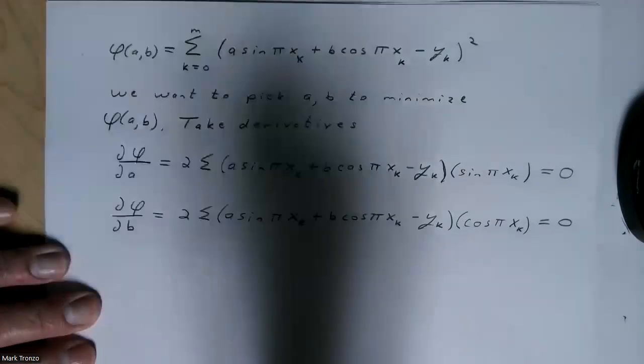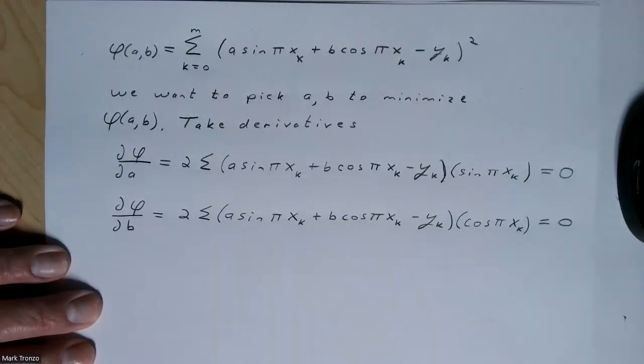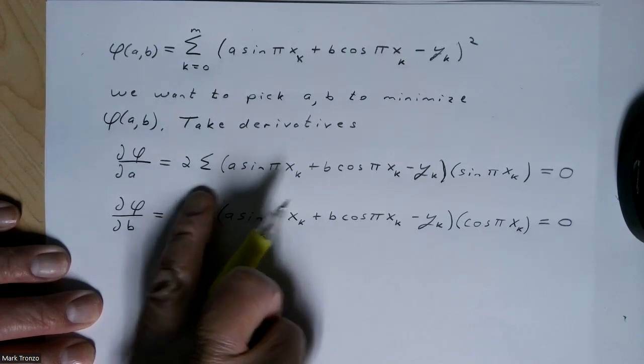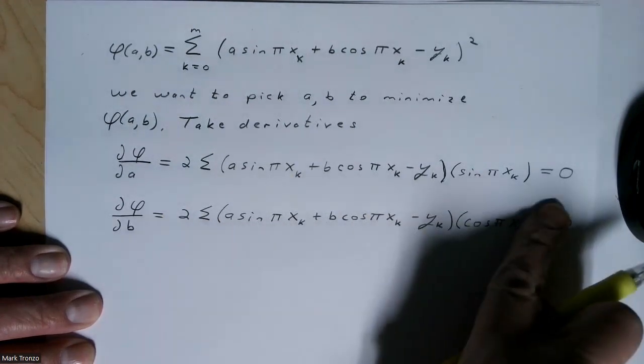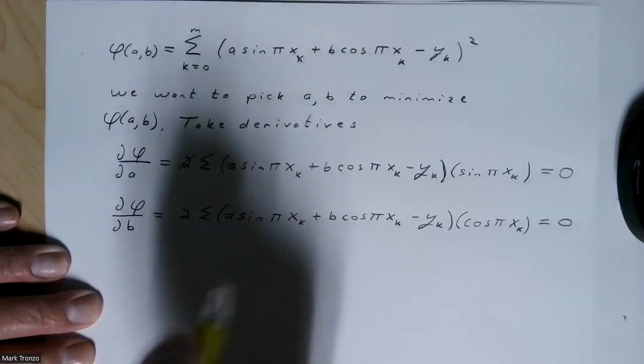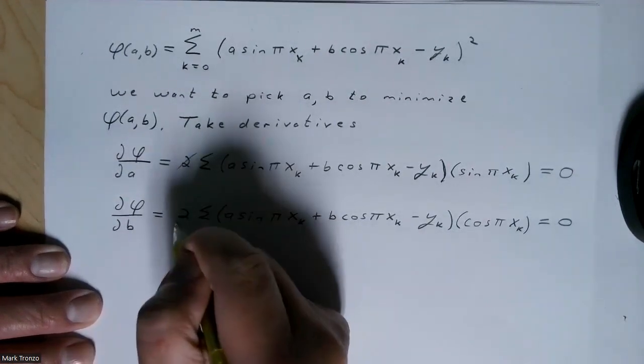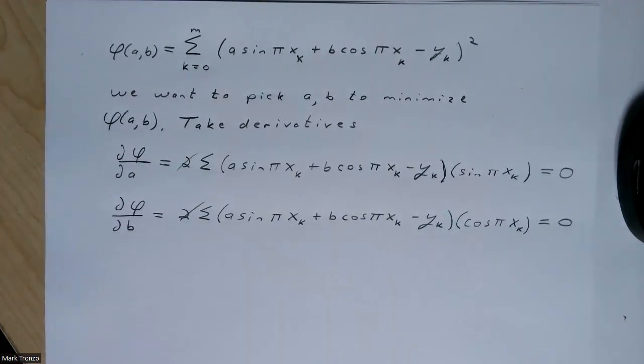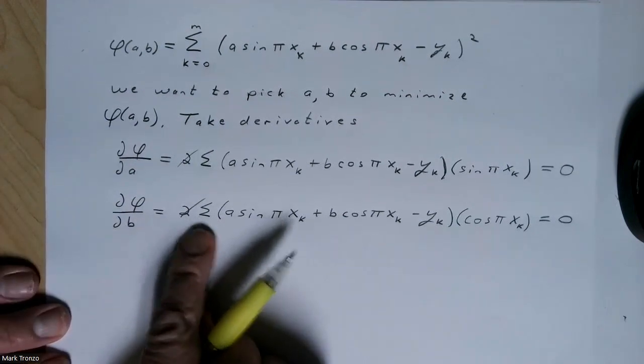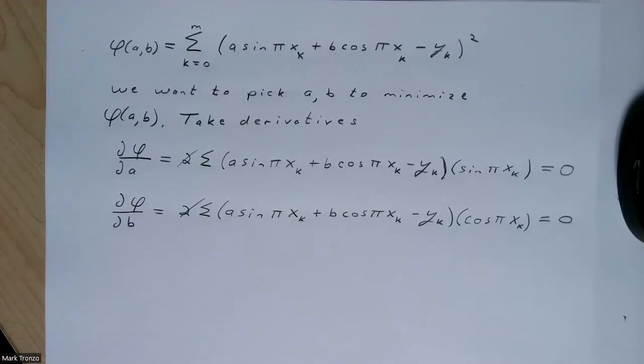And we want to set both these equal to 0 because remember, we want to minimize this. So we set these equal to 0. And once again, this 2 is multiplied by everything here, so we can divide both sides by 2. Same thing over here, so we can cancel that out. And much like we did before, we want to rearrange everything. We're going to put this sum inside.